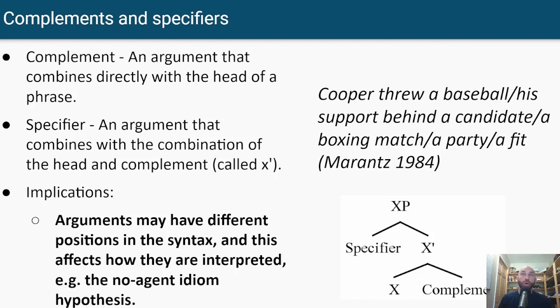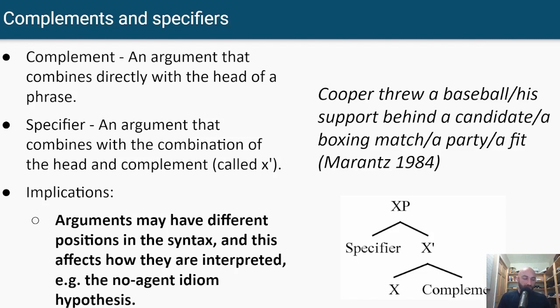But what we don't normally have is idiomatic meanings when a verb and its complement combine with a specifier or a subject. The point is that an agent is normally in the specifier position. And so Marantz says, okay, actually, idioms, there is a logic to them.